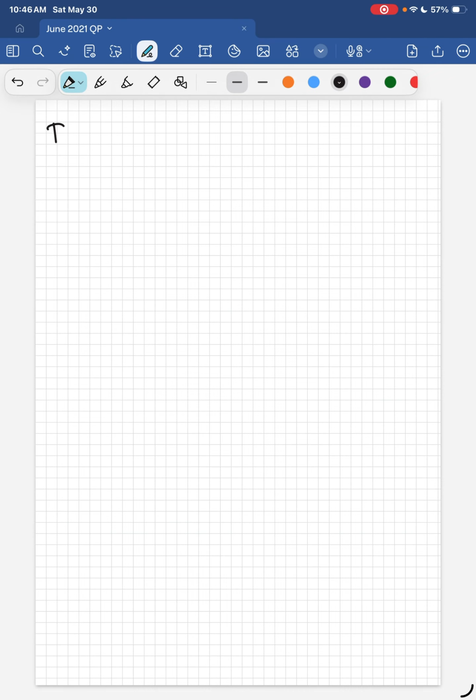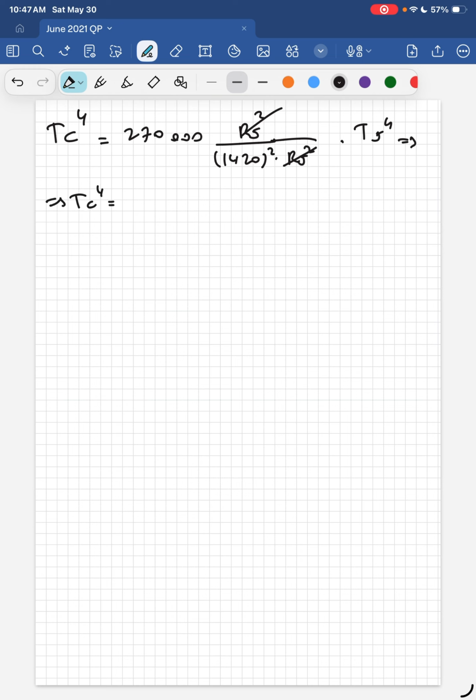So the temperature of Canis Majoris to the fourth is 270,000 times the radius of the Sun over 1420 squared times the radius of the Sun squared, which is the radius of Canis Majoris, times Ts to the fourth. Okay, so Tc to the fourth is 0.134 times 5780 to the fourth.